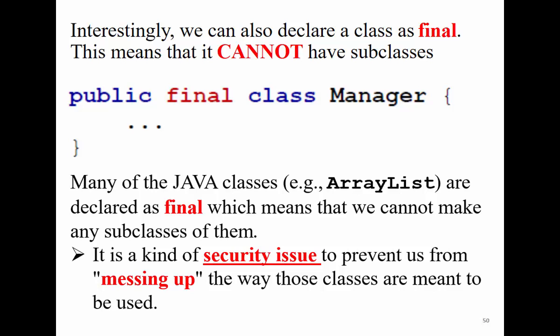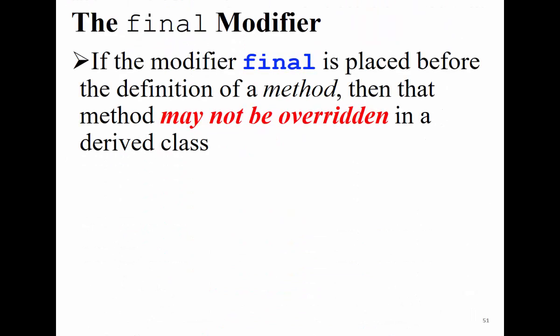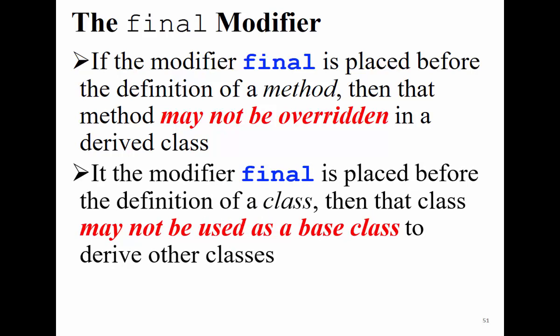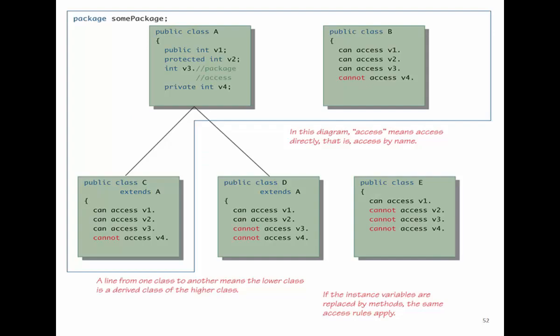No one can change the behavior of the ArrayList or HashMap. They are all defined as final. So the final modifier, if we are using it with the method, we cannot override this method. If we are using it with the class, we cannot extend this class to create a subclass.